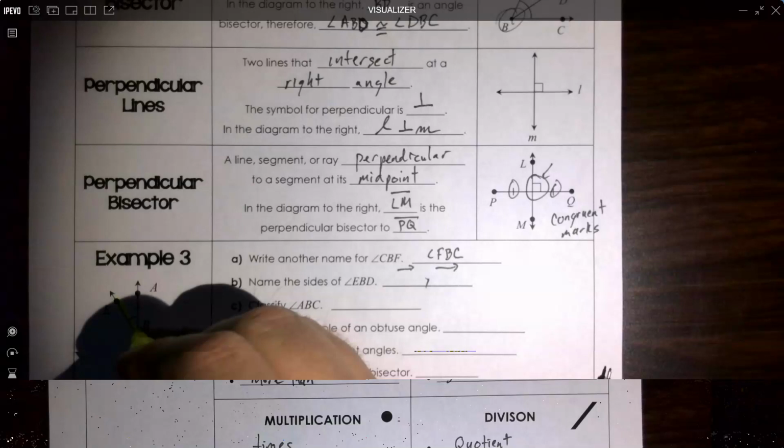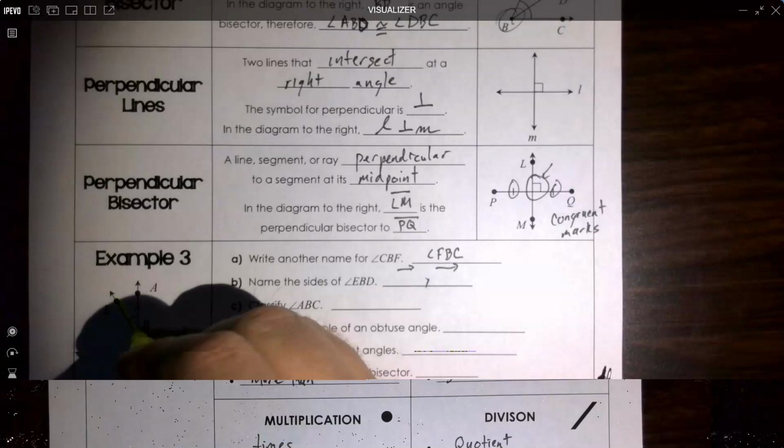Okay. Name two congruent angles. So two angles that are marked the same. Where we had congruent marks for line segments up here, these little hash marks right here show the reader that these angles are the same size.